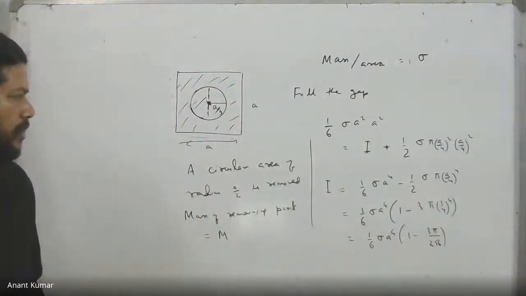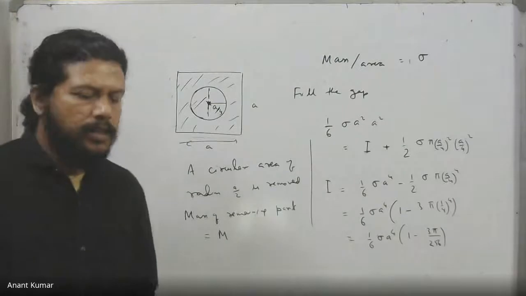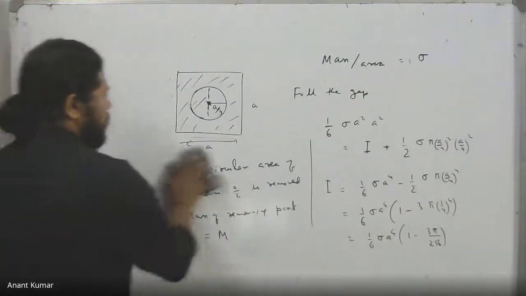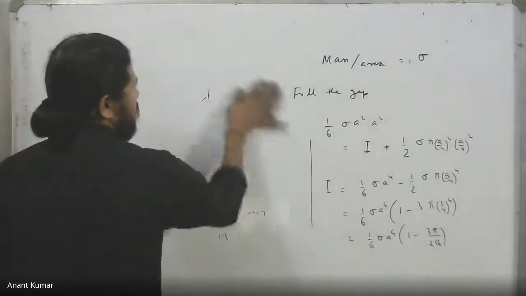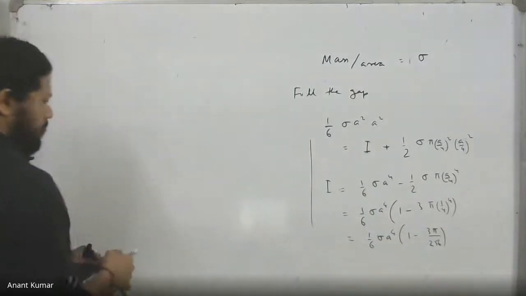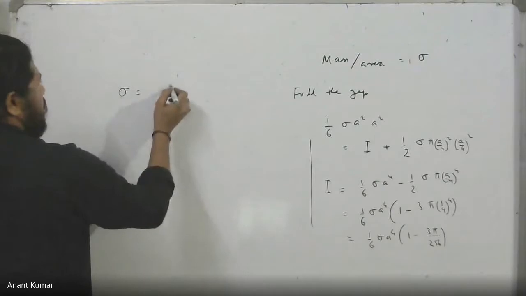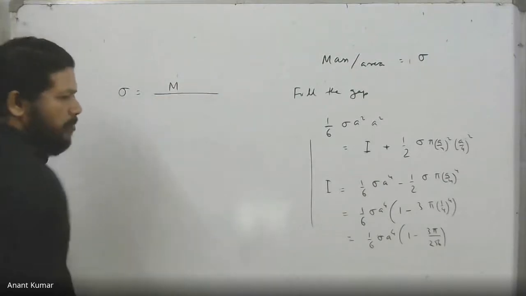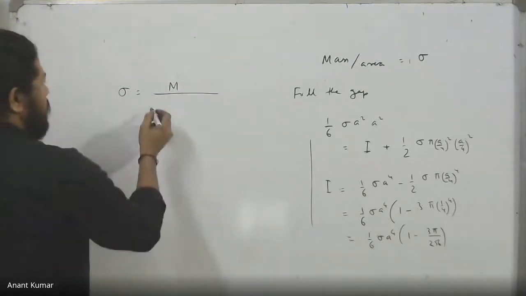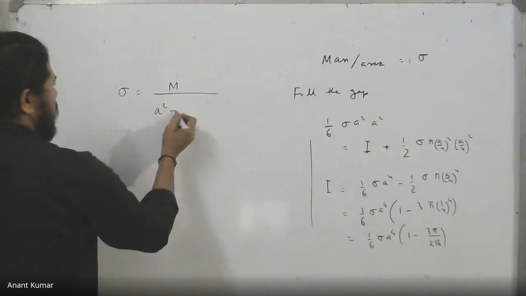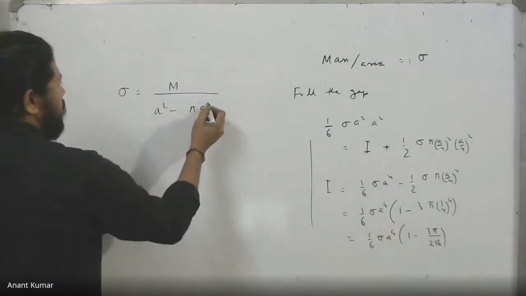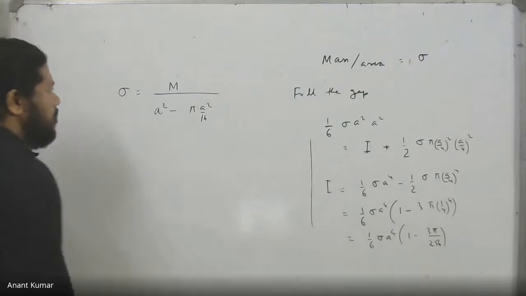This is I, but then you have to replace sigma by the mass per area. Sigma is nothing but mass upon the remaining area, that is going to be a square minus pi into a square by 16.